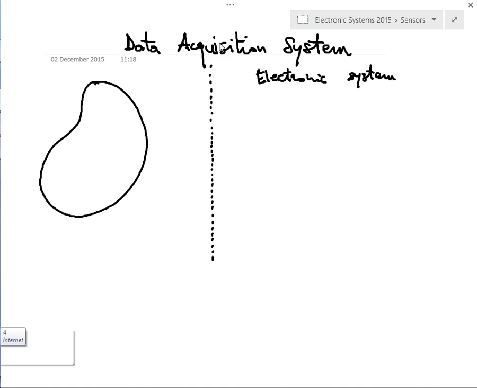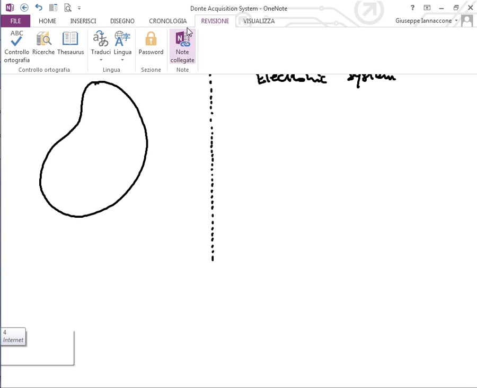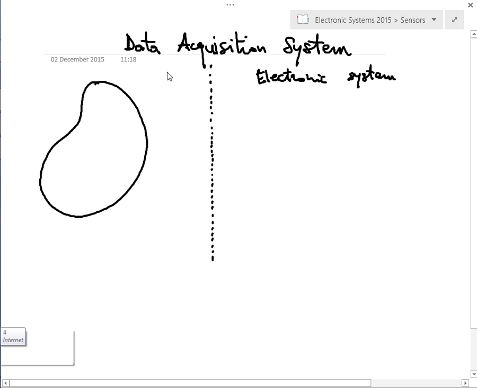Now we typically might have the following situations. We can have some sensors here. For example, it can be a camera which is observing the system and then requires some type of interface in order to provide the information in a form which is suitable for the electronic system.